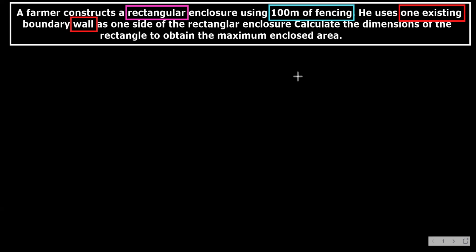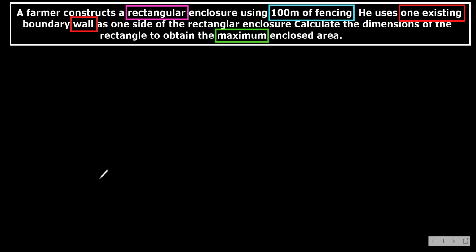That is important. And now they say, please calculate the dimensions of the rectangle so as to obtain the maximum enclosed area. And now you understand when they say maximum, they're looking for the y-coordinate of the turning point. That's just it.